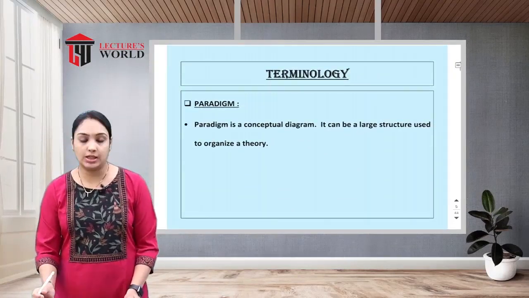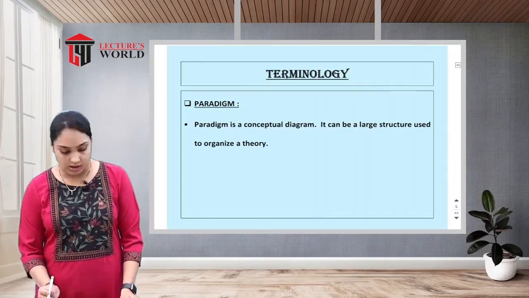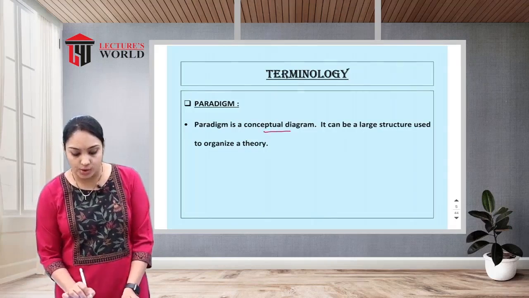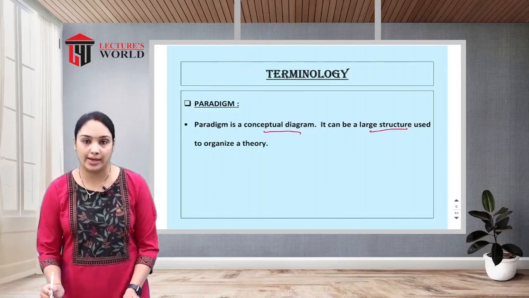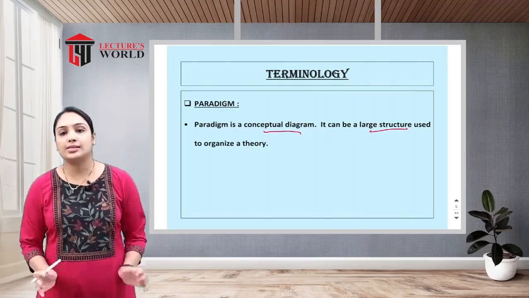Next terminology is paradigm. What is a paradigm? It is a conceptual diagram. It can be a large structure used to organize a theory. A paradigm is one kind of diagram.